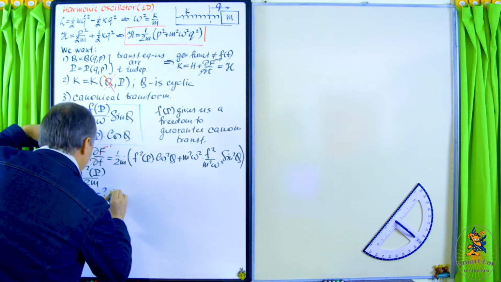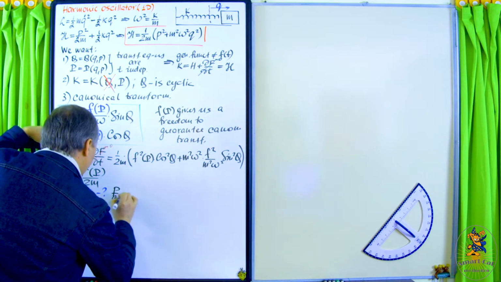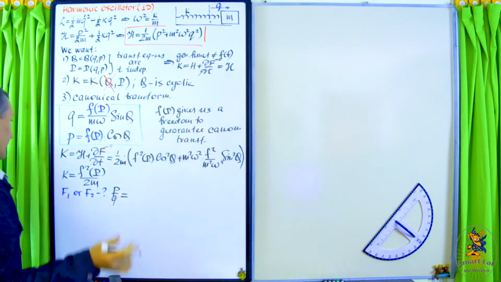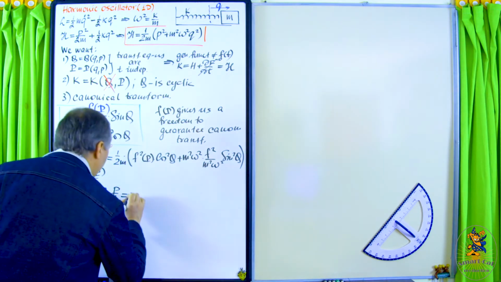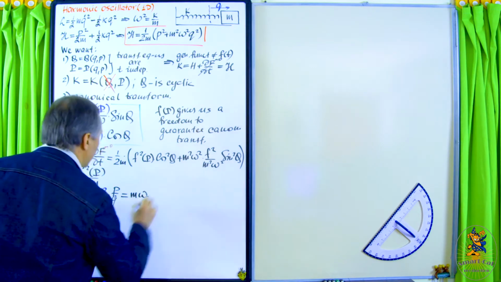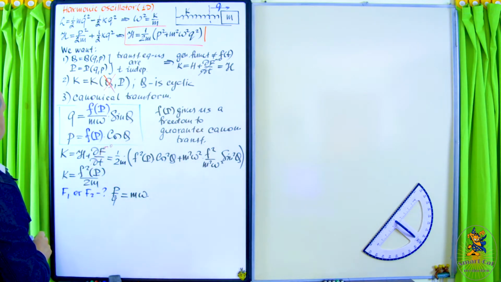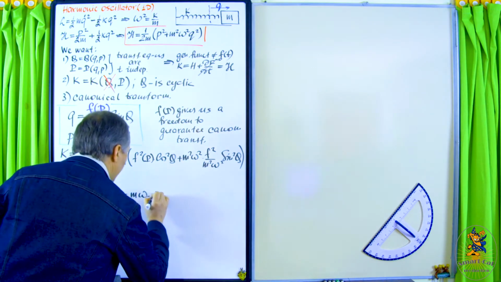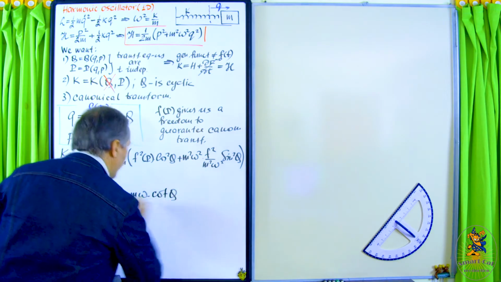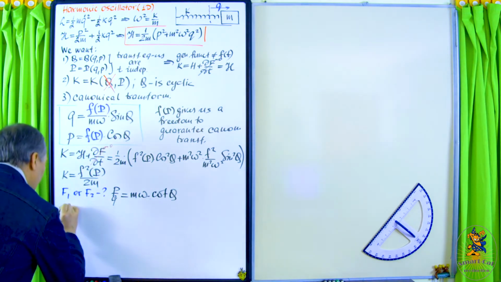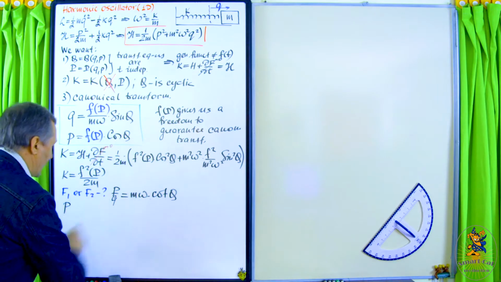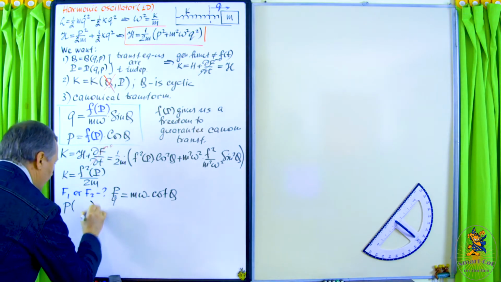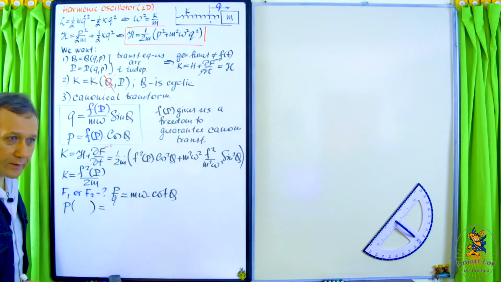So if I take p over q, function f, of course, disappears. M omega will go upstairs, and I will get cotangent of q. And of course, p will be, let me open this bracket, I will fill it in a second.